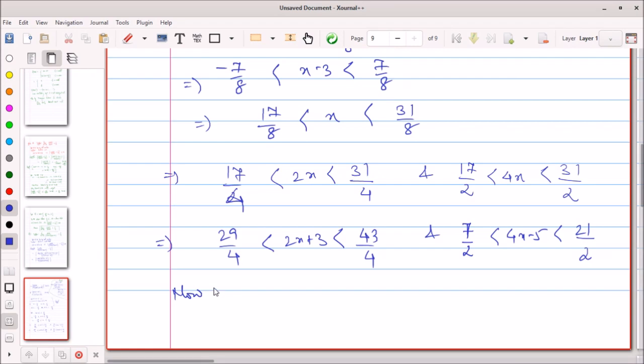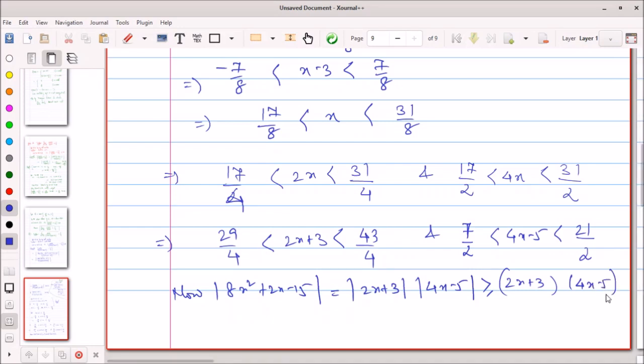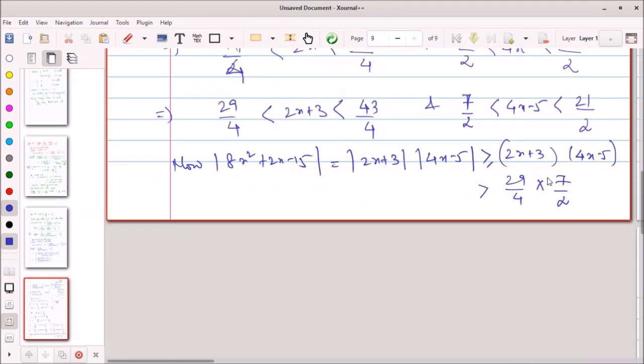Now 8x square plus 2x minus 15 is equal to (2x plus 3)(4x minus 5), which is strictly greater than, I am taking 29 by 4 into 7 by 2.